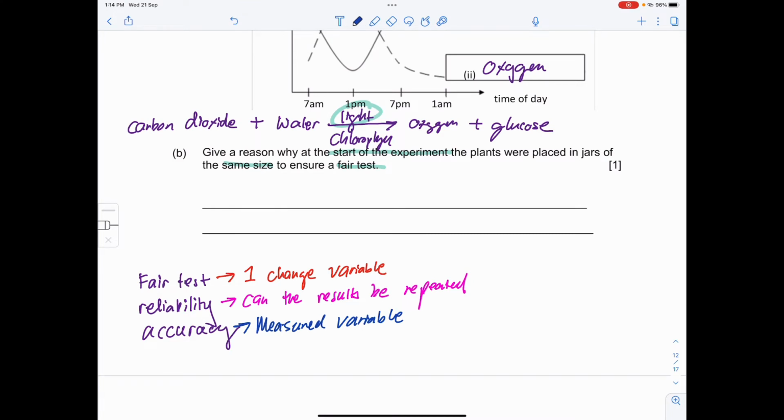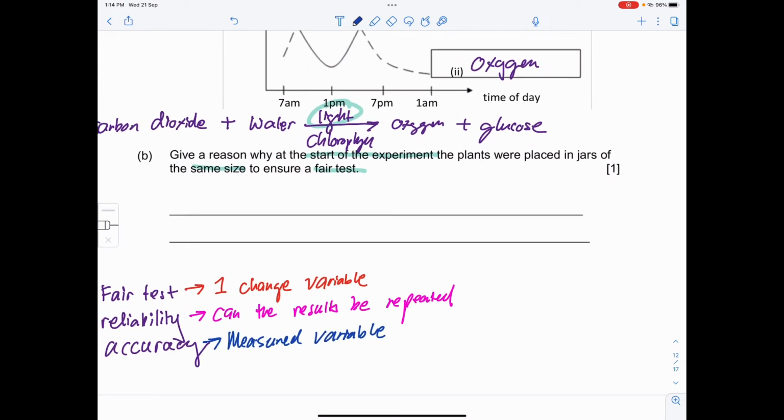Now, give a reason why at the start of the experiment, plants were placed in jars of the same size. So you cannot just say it's to make sure the test is fair. You have to tell me which aspect of it. So the same size of the jar, what does it ensure? It talks about the volume of gas, right?